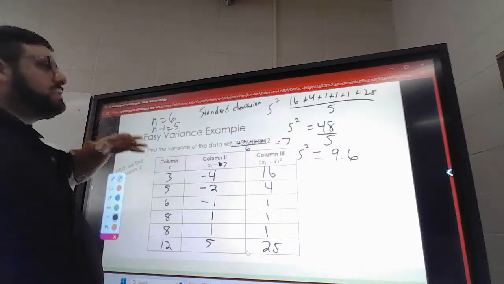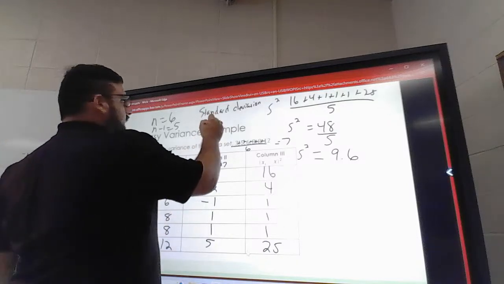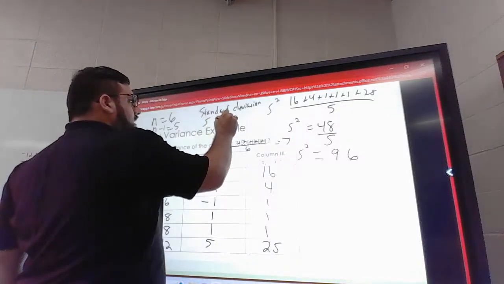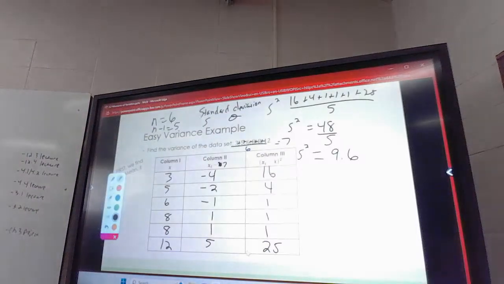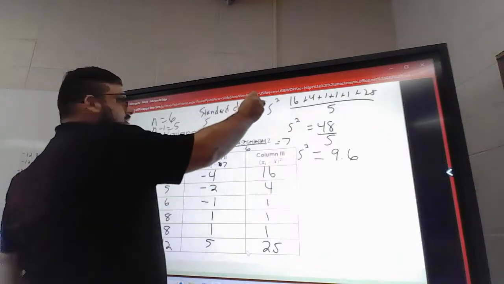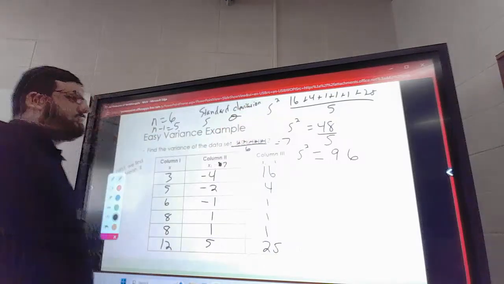It's a measure of how far the data is from the center, okay? And it's real easy. Standard deviation for a sample is S, and then for a population, it's just theta. Now, wait a minute. Variance is S squared for a sample, and theta squared for a population.